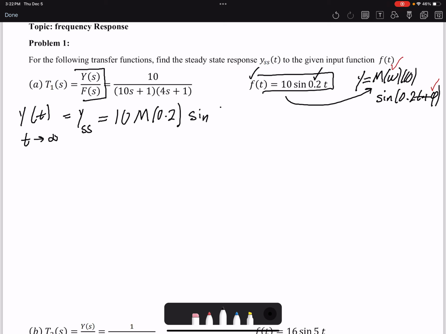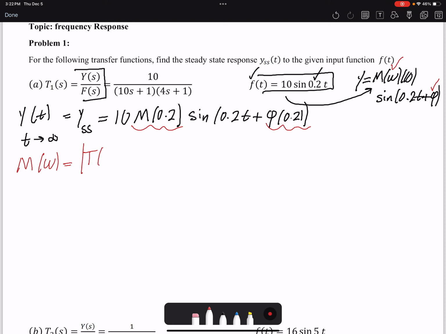Sine of 0.2t plus the change in phase at a particular frequency, which is again 0.2 here. So now I'm going to find M and phi.